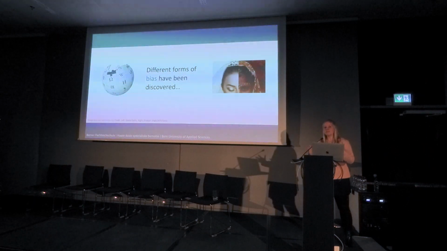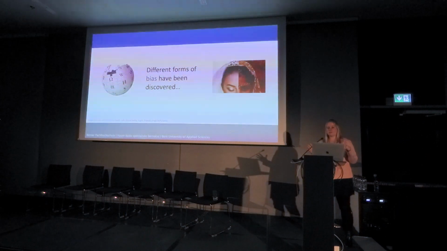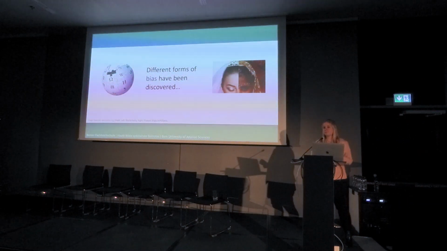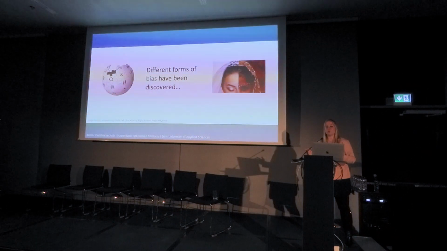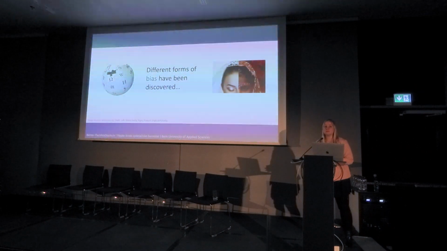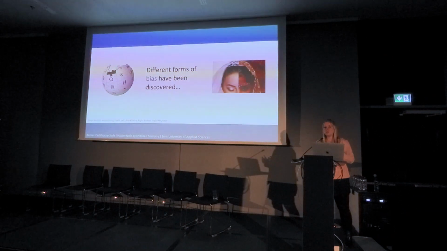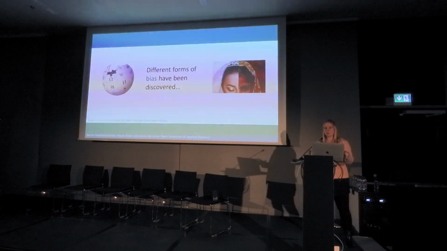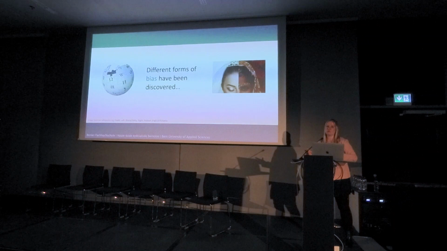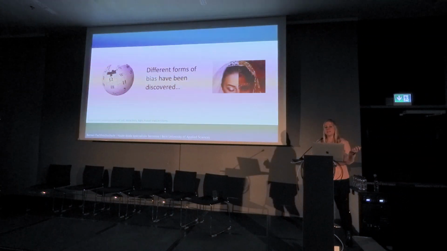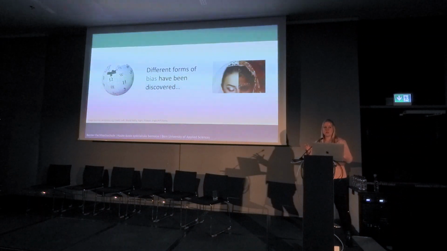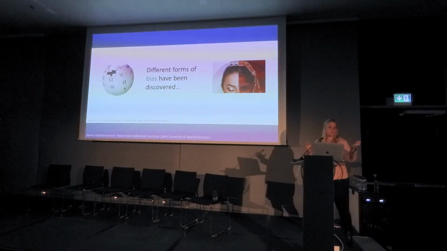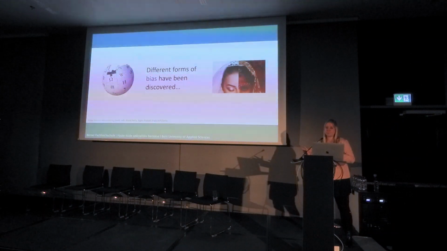On one side, the articles, for example, regarding personal biographies are a very different number for women and for men. So there are way more men that are represented in Wikipedia.